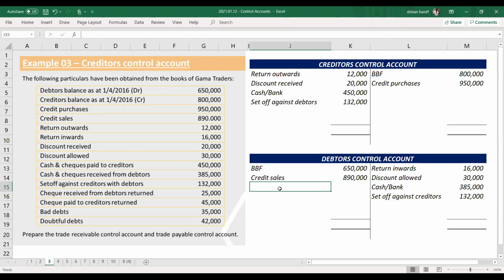Check received from debtor returned. Now, if the check is returned from the debtors, the debtor balance will increase. Dishonored check.